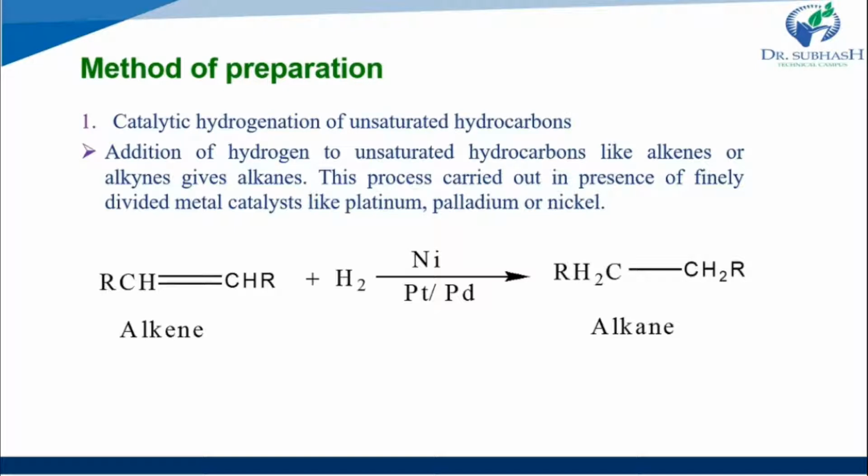This process is carried out in the presence of finely divided metal catalysts like platinum, palladium and nickel. So alkene plus H2, in the presence of nickel, platinum or palladium, makes an alkane.